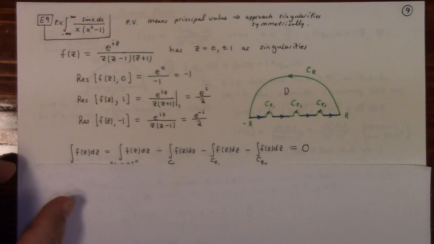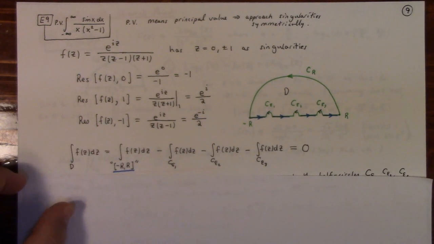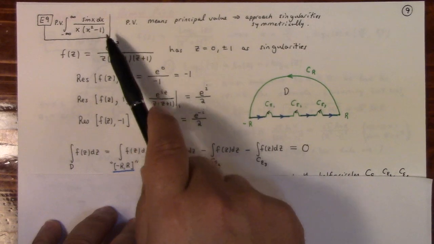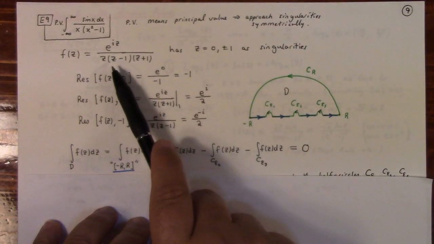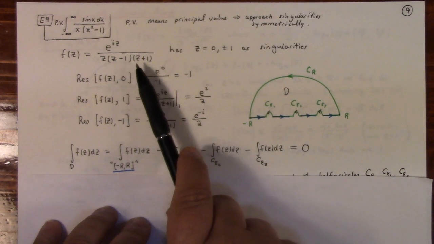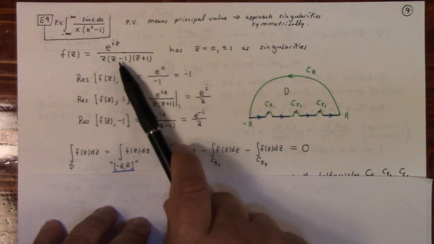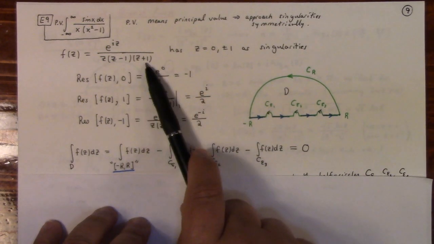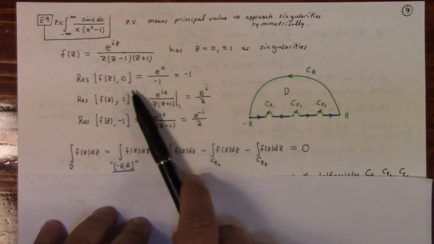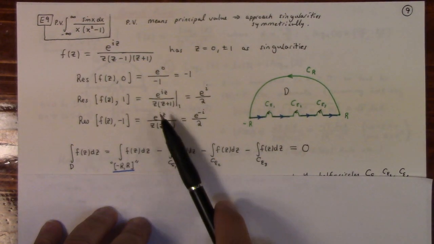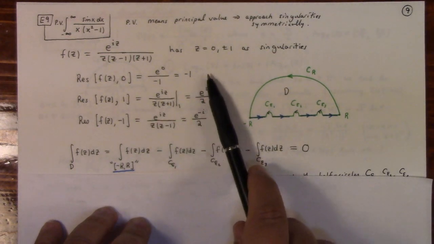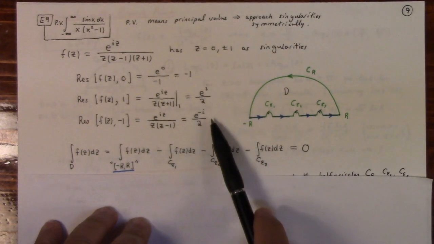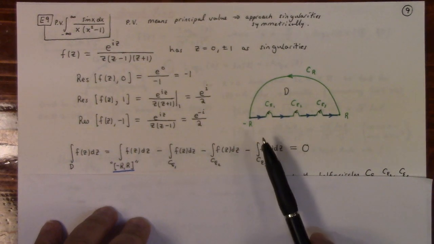So this function, we'll look at the complex function e to the iz over z times (z minus 1) times (z plus 1). We have to make an indentation at 0, 1 and minus 1, right, if we're going to use the half circle. And so the residues at the indentations are minus 1, e to the i over 2, e to the minus i over 2 as it happens.